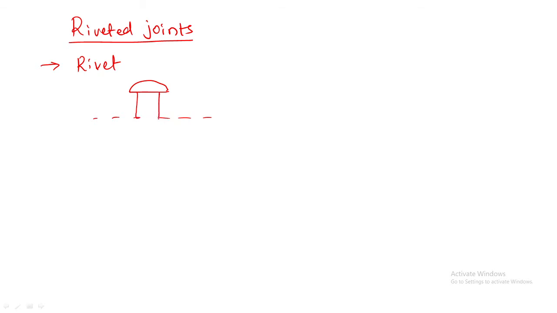A rivet is made up of ductile materials. Sometimes it may be made up of aluminum, sometimes steel, and the material has to be easily formed. This portion is called the head, this portion is called the body, and this portion is called the tail.